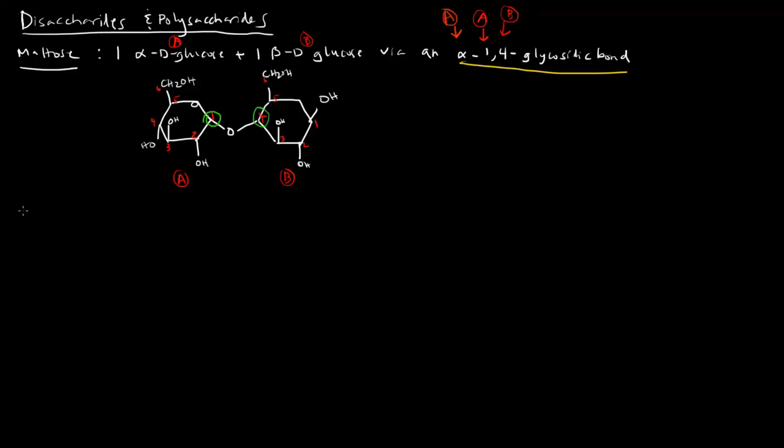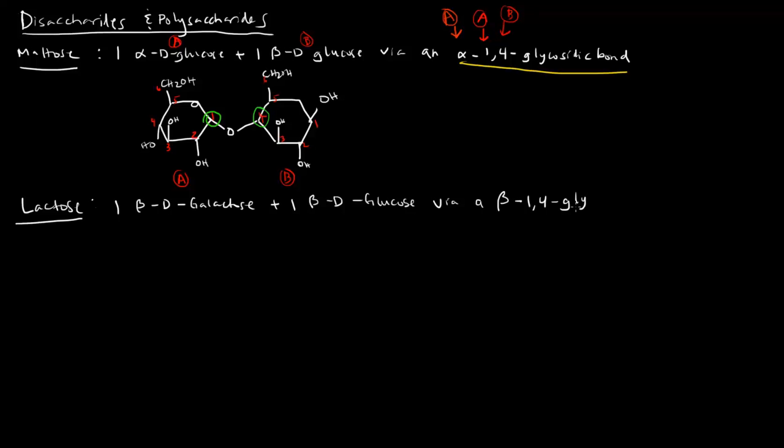Next up is lactose. Lactose is 1 beta D galactose plus 1 beta D glucose connected via a beta 1,4 glycosidic bond.